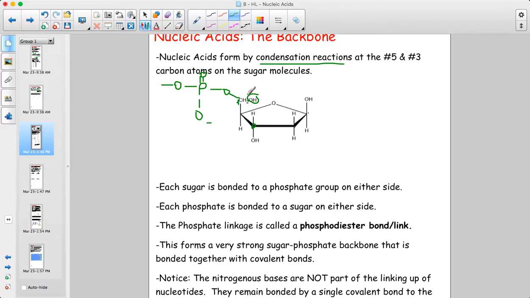So there's the phosphate group. So there's one condensation reaction. Remember that this was phosphoric acid, so it began with an H, hence here's the water that's going to get removed when that links up.